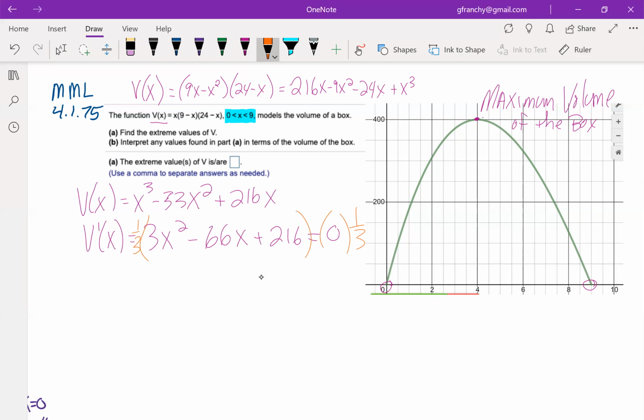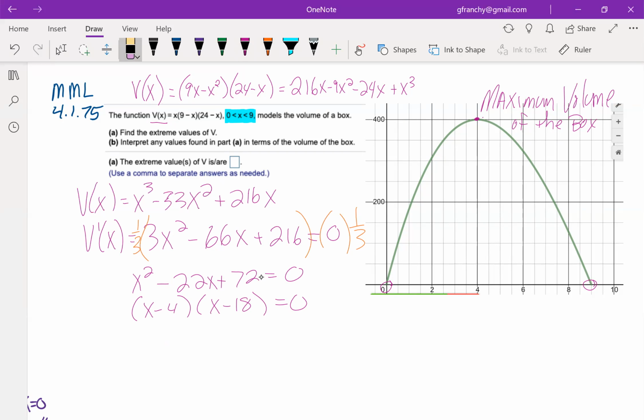So I'm going to divide both sides by 3. And that's going to give me x squared minus 22x plus 72 equals 0. And that does factor into x minus 4, x minus 18 equals 0, which is going to bring us to x.